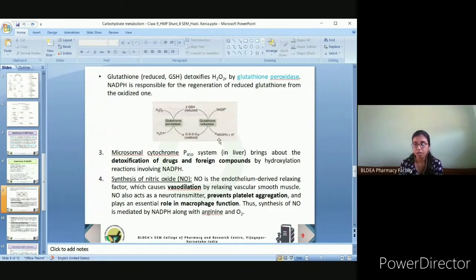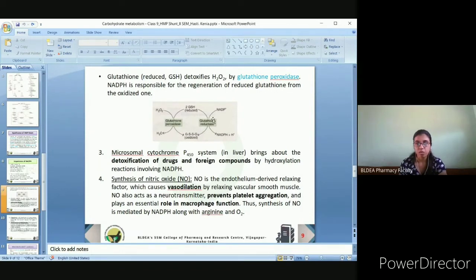Whenever NADPH comes in contact with the oxidized glutathione, the glutathione gets reduced while NADPH gets oxidized to NADP+. So the major role of NADPH is to maintain the reduced concentration of glutathione in the body, such that hydrogen peroxide gets reduced and oxidized glutathione is again converted back to reduced form utilizing NADPH.